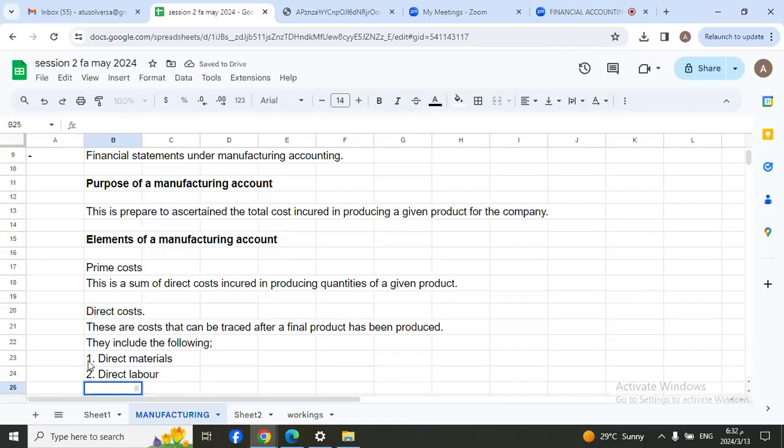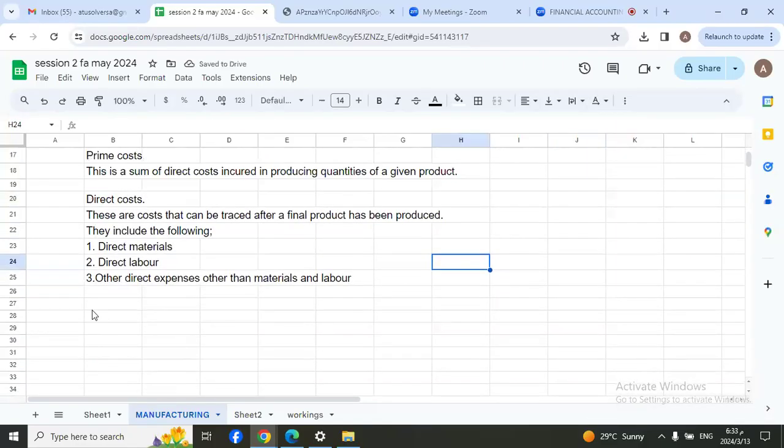Number 3 is other direct expenses other than materials and labor.